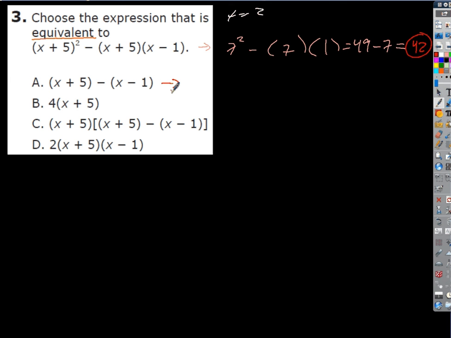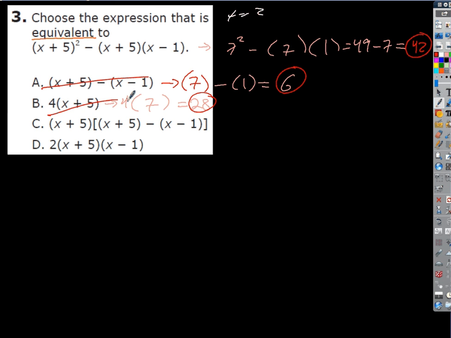2 is going to give us 7 minus 2 minus 1 is 1, equals 6. Well, 6 is not the right answer. Cross it off. What about the next one? That's going to give us 4 times 7 equals 28. 28 is also not 42.